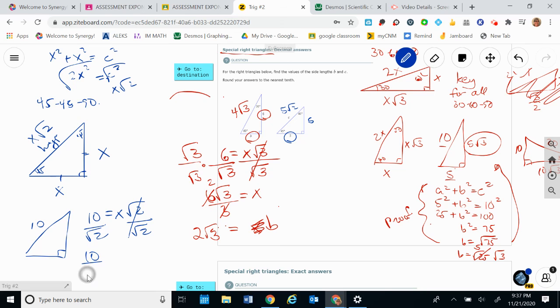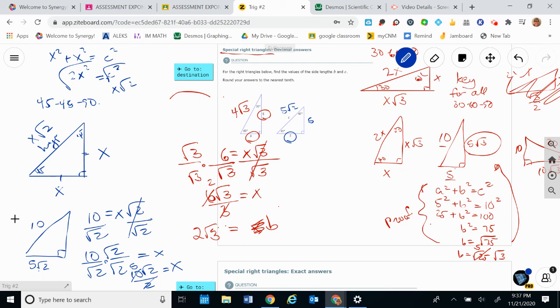I must multiply by root 2 over root 2 to get rid of the radical. Then I get 10 root 2 over 2, and it cancels and you get 5 root 2. Oops, did I literally just do the problem that we had? No, I didn't. So x would be 5 root 2.